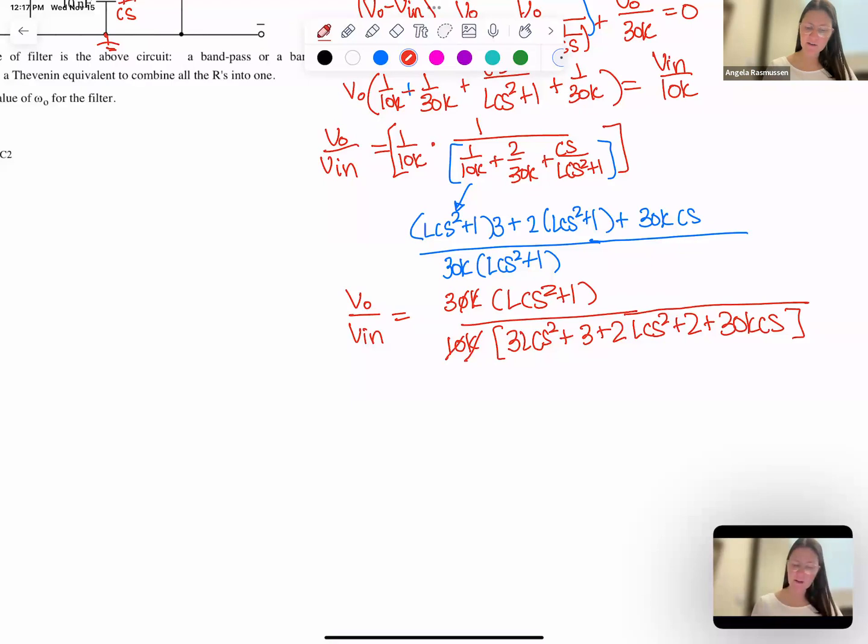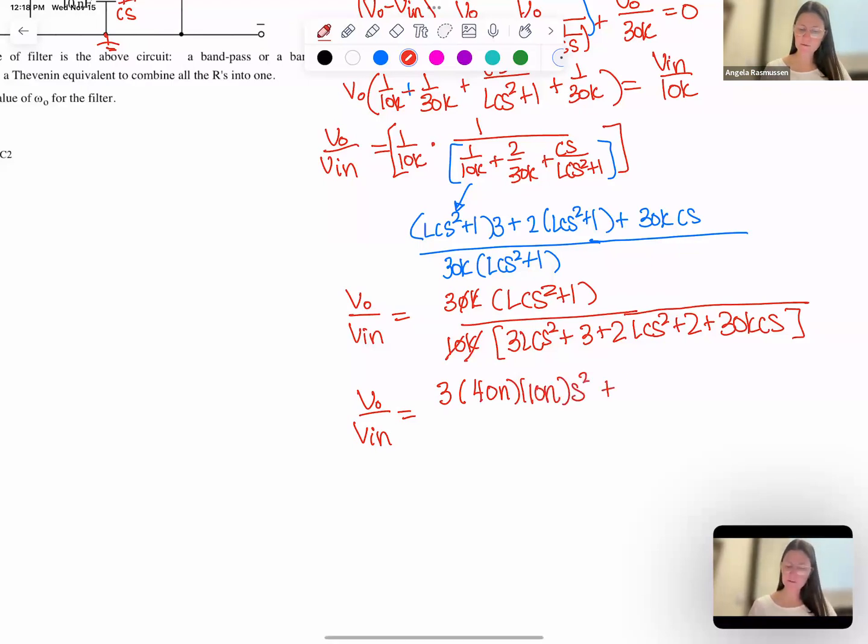Plugging in the values for L and C gives me 3 times 40 nano times 10 nano S squared plus 3.